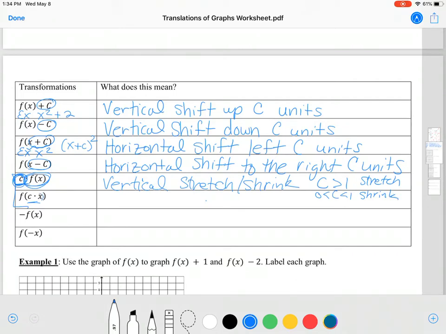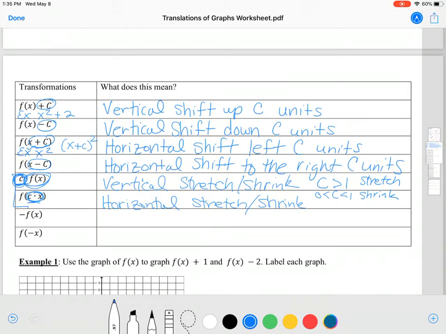If the c is being multiplied by the x only, not the whole entire function, but just by the x, then that's going to be a horizontal stretch or shrink. Now again, the x's are a little bit backwards. If c is greater than 1, then it's going to be a shrink.